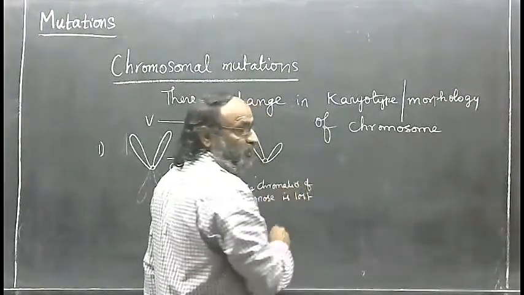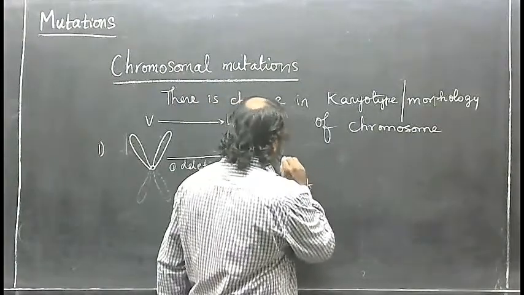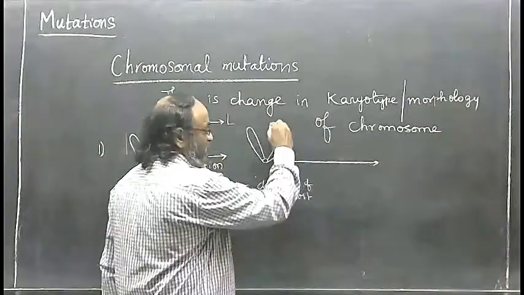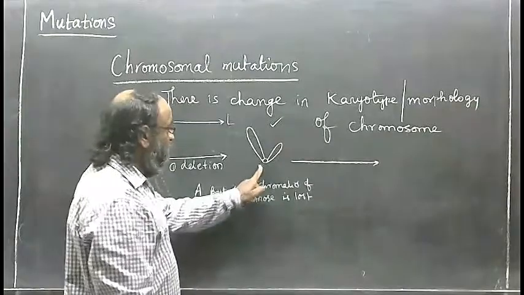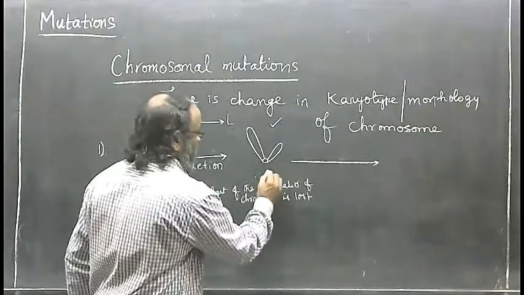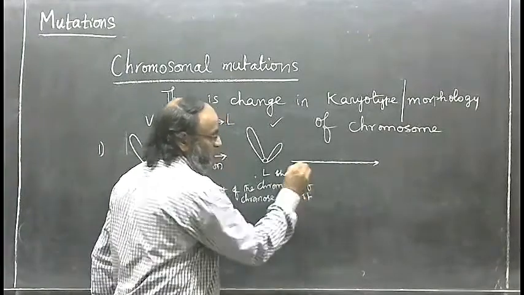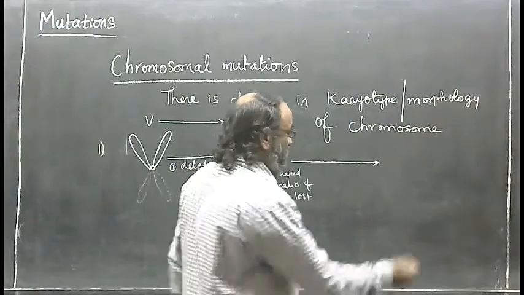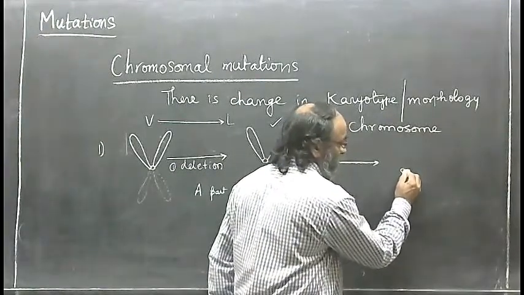Now observe the second case. Before mutation, we have this chromosome which is L-shaped. Now, after mutation, you observe the change.